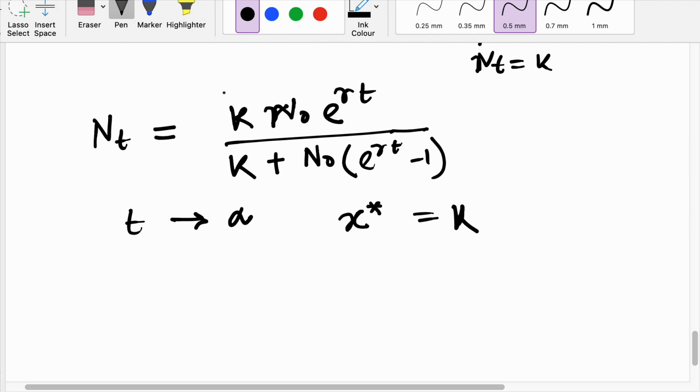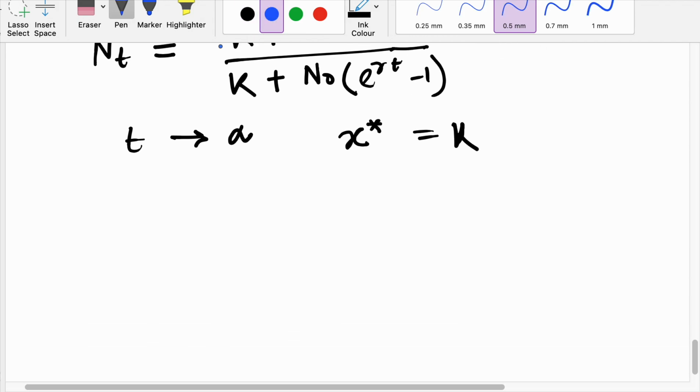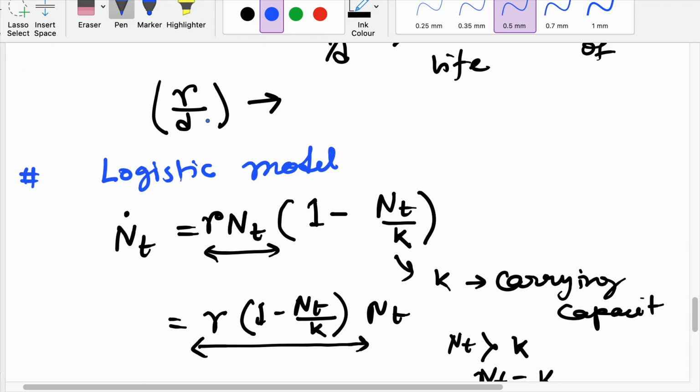Now another interesting property you can observe is this.